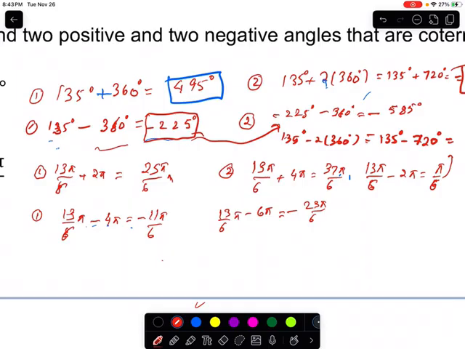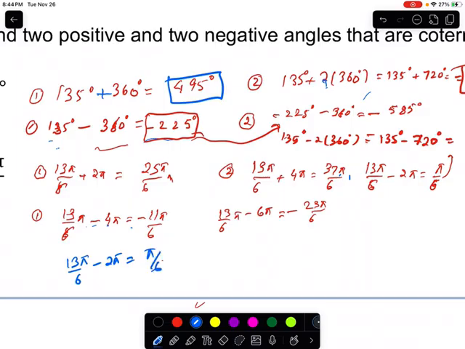Now I try to find the negative angles, since those two were positive. When I do 13 pi over 6 minus 2 pi, I get pi over 6 as the answer.